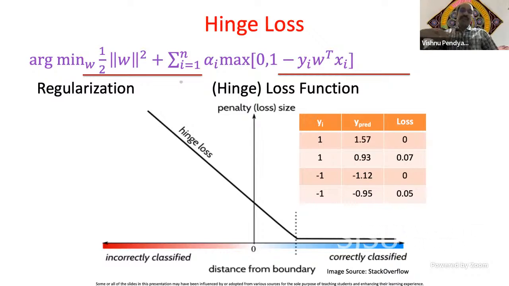Although the decision boundary is able to classify them correctly, there is still a loss if the points fall within the margin. This is an important thing to remember. You can do similar calculations for the other two rows to understand the way the hinge loss function works.